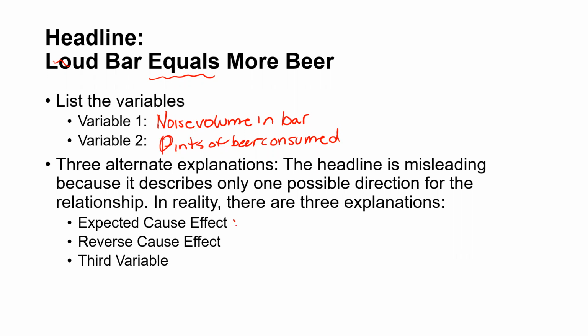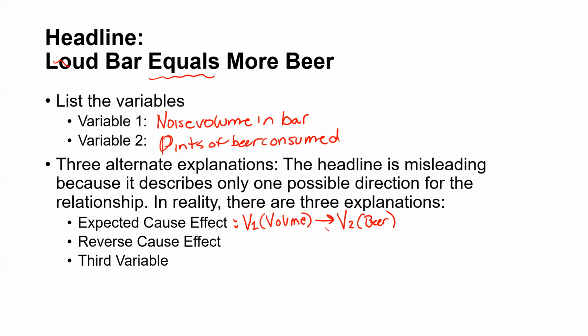Okay. See if this one makes sense, everyone. Expected cause effect. Most of you did pretty well with this, actually. How could it be that variable one, the volume of noise, causes variable two, beer consumption? What's plausible here?